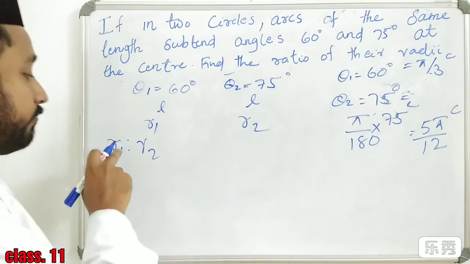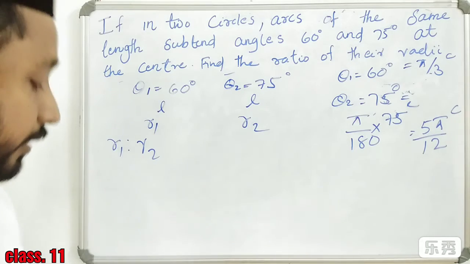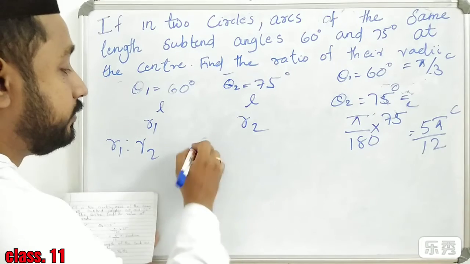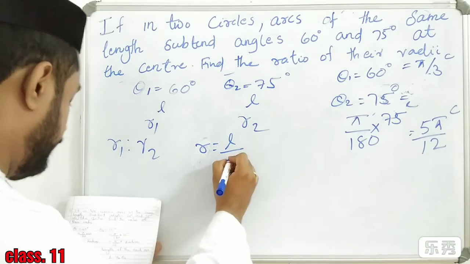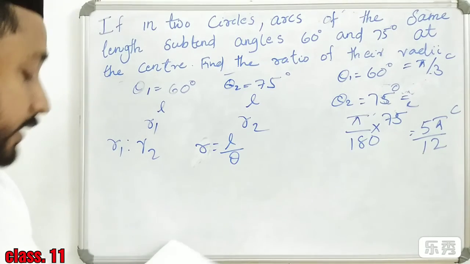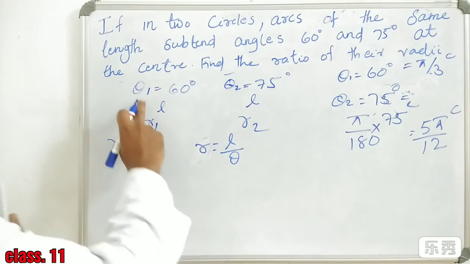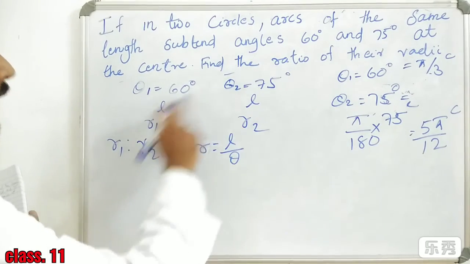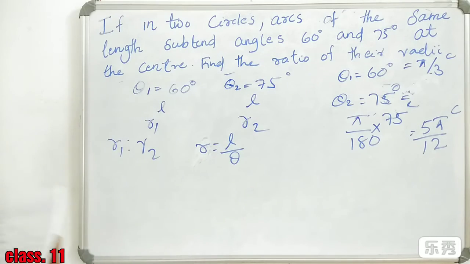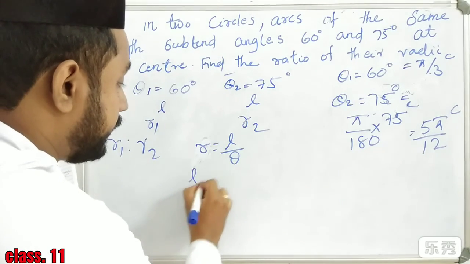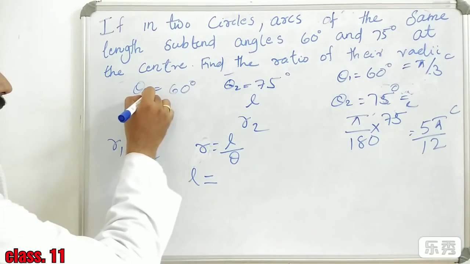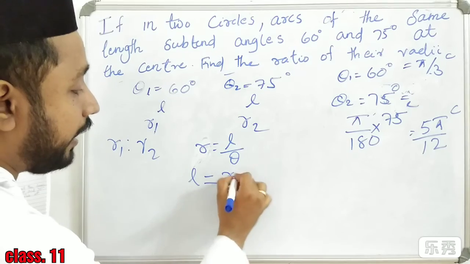So we have to find the ratio of R1 and R2. We have the formula L is equal to R theta, or R is equal to L by theta. Here the arcs of both circles have the same length L. In the first circle, the radius is R1 and the angle is theta 1, therefore L is equal to R1 theta 1.